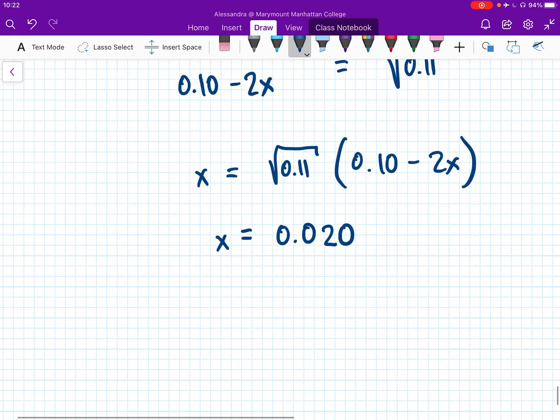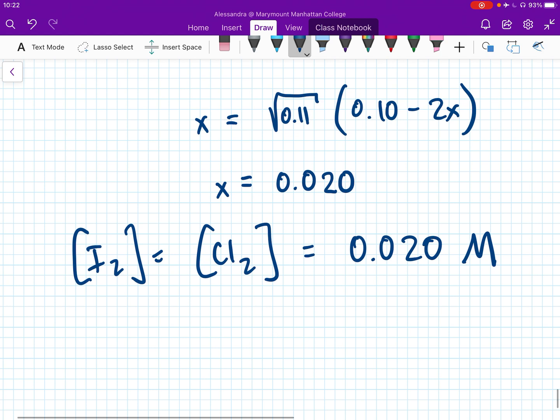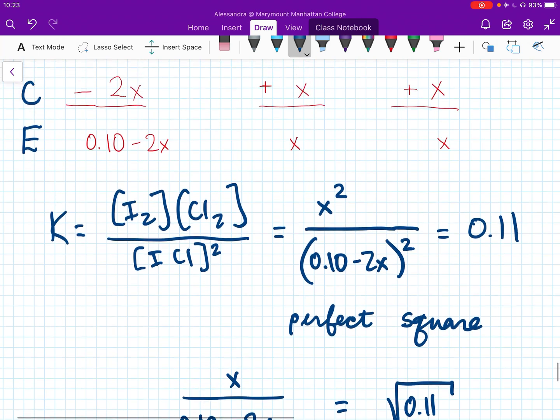So I2 and Cl2 are both going to be equal to each other. And I have to remember this is in units of molar concentration. So the equilibrium concentration of I2 and Cl2 would be 0.020 molar. The equilibrium concentration of the reactant, iodine monochloride, is equal to the expression that we had in our ICE chart.